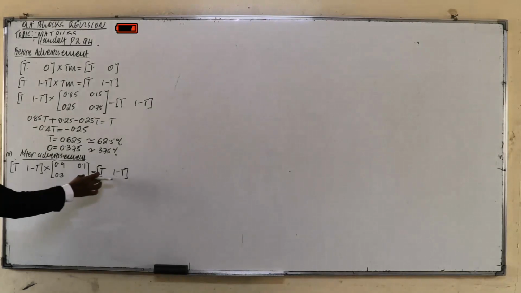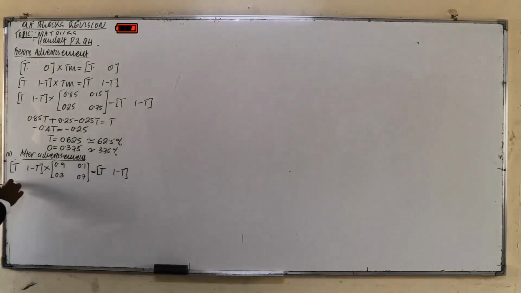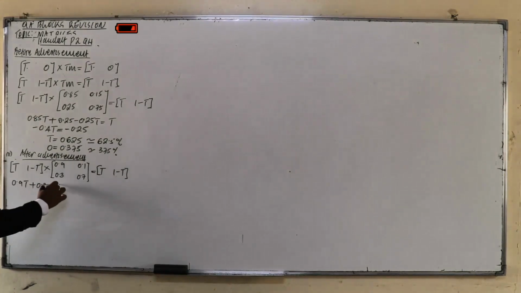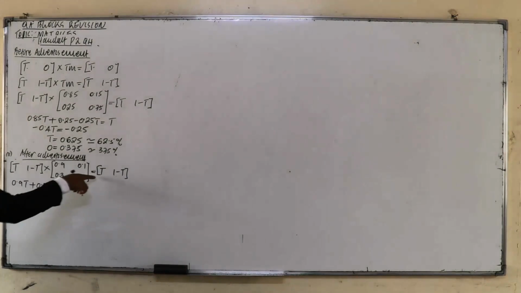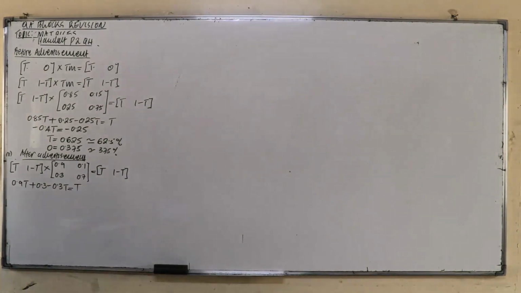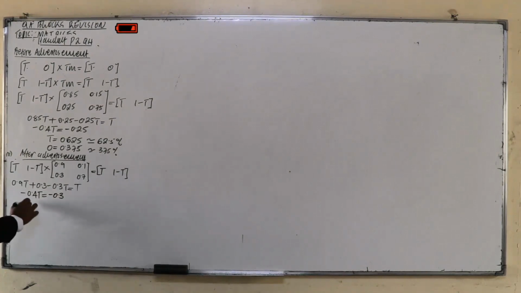First row, first column, you get t times 0.9, so 0.9t plus 0.3 minus 0.3t. Bring the like terms together: 0.9t minus 0.3t, you get 0.6t, minus 1t. 0.6 minus 1 gives negative 0.4t. This 0.3, you take it to the other side, it will be negative 0.3. So therefore t is 3 over 4, it's 0.75. Therefore, others should be 0.25.